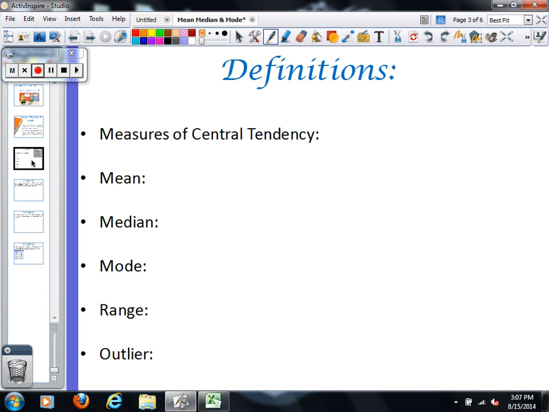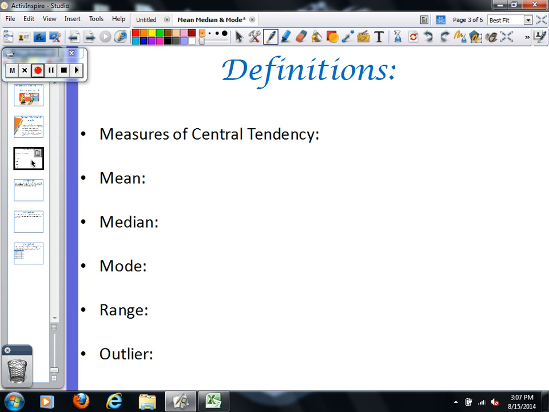Actually, I just looked through your Algebra 1 book, and we don't have anything on here, so you're probably going to have to look all these up online or in a dictionary. But again, I want the math-related definition. So the first word is measures of central tendency. Mean, median, mode, range, and outlier. You need to have the definitions written out when you come to class on Monday to get credit for doing your notes.